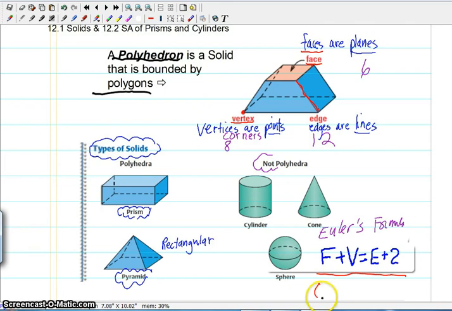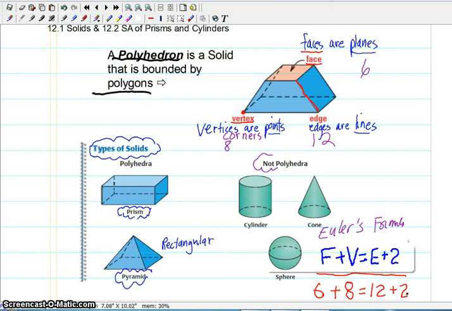We had 6 faces. We had 8 vertices, and that's going to equal the number of edges, which we counted up to be 12, plus 2. So both sides of that equal 14. And that's called Euler's formula, depending on how you pronounce that funny name.